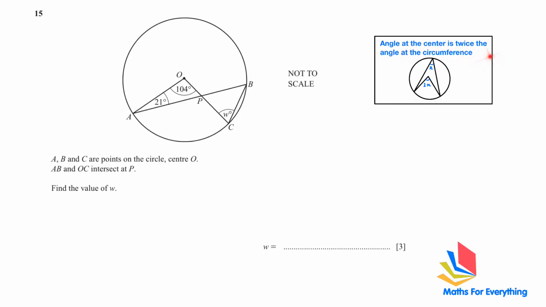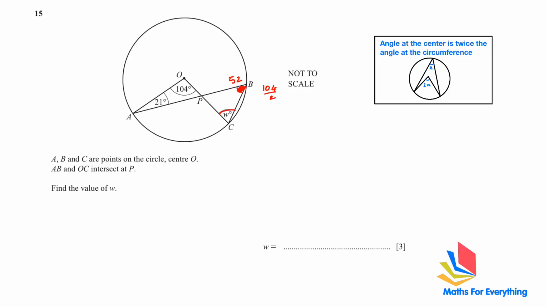Angle at the center is twice the angle at the circumference. They are both starting from the same points A and C. So if the center angle is 104, the angle at the circumference is going to be half of the angle at the center. So it's going to be 104 divided by 2, which is going to be 52. So this angle is 52.